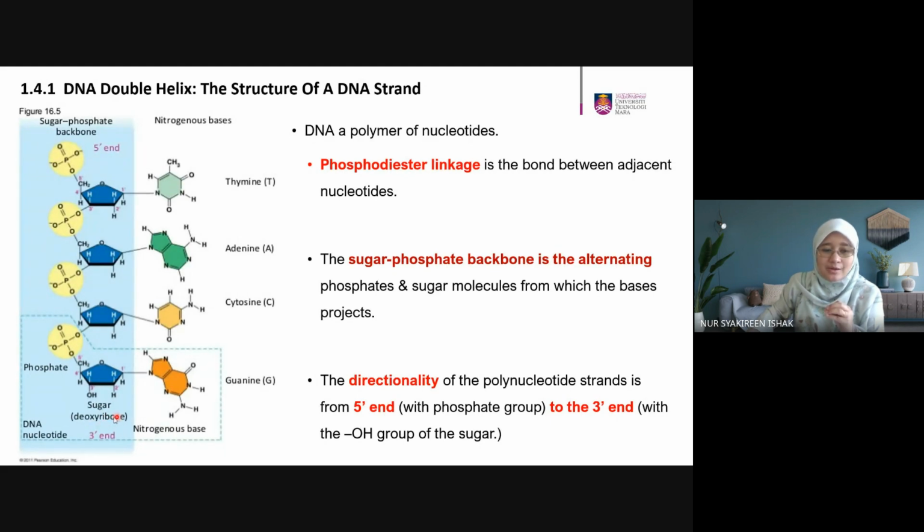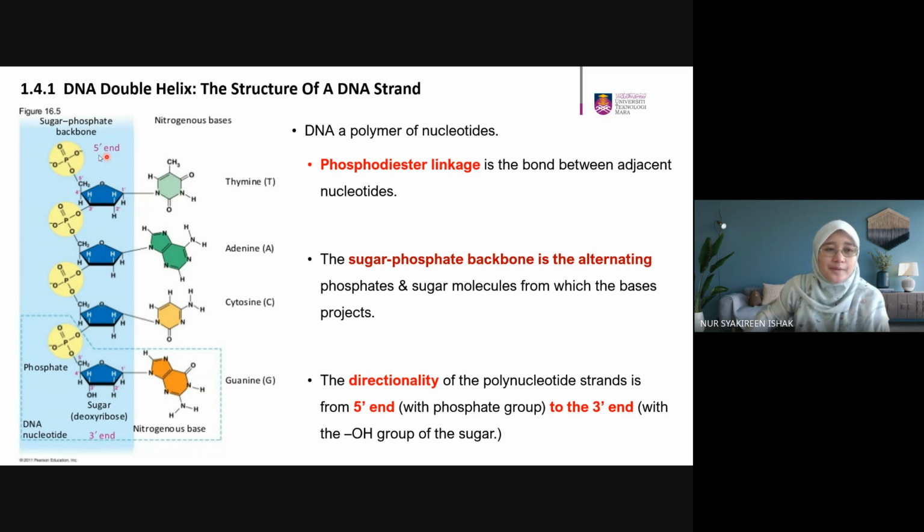Apa beza ribose dengan deoxyribose? Is at carbon number 2. Deoxyribose, carbon number 2 has hydrogen. For ribose in RNA, it has OH. Okay, OH here. And then RNA, the difference is that instead of having thymine in RNA, it is replaced with uracil. Okay, so the same structure.